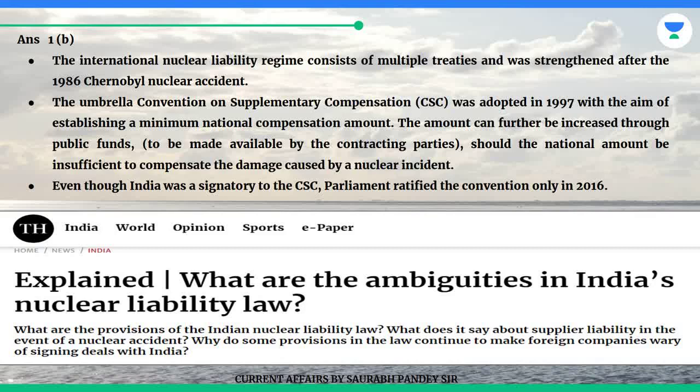The amount can further be increased through public funds to be made available by the contracting parties should the national amount be insufficient to compensate the damage caused by a nuclear incident. Even though India was a signatory to the CSC, Parliament ratified the convention only in 2016.